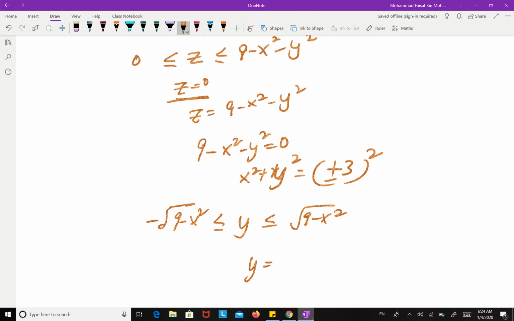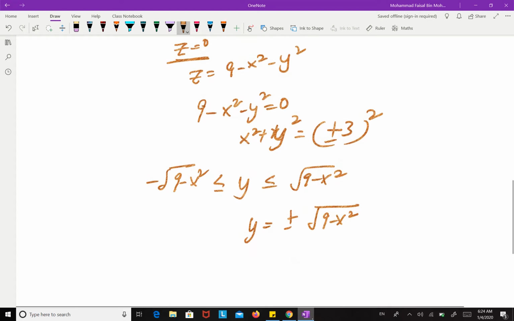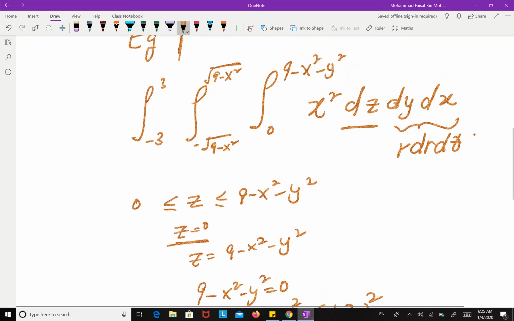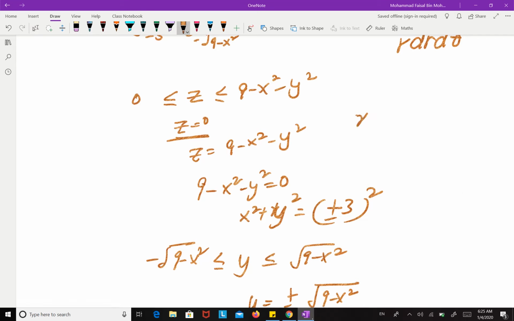Squaring both sides, we have x squared plus y squared equals 9, which is radius 3. Then your x is between negative 3 and 3.